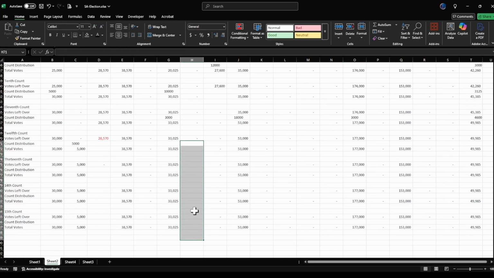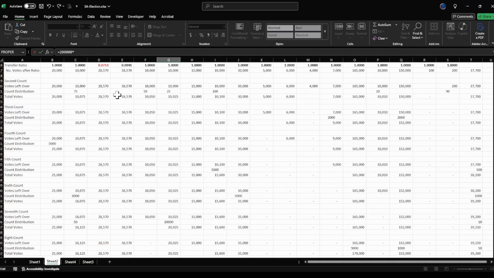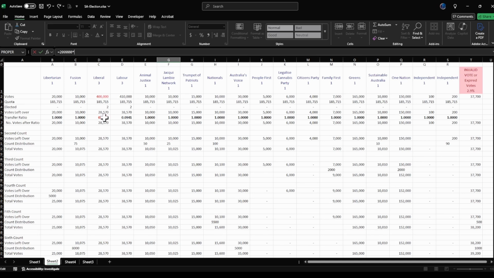Sorry guys, just extra stuff that shouldn't be showing up in the sheet. 200,000 votes are moved to, let's say, this party. All right, so I have to do a formula here because it's going to be equals 200,000 votes, one more, times by the ratio, which is up here, the transfer ratio.